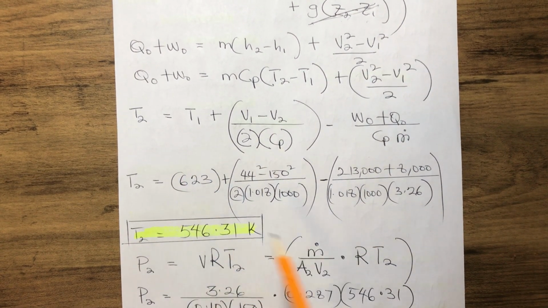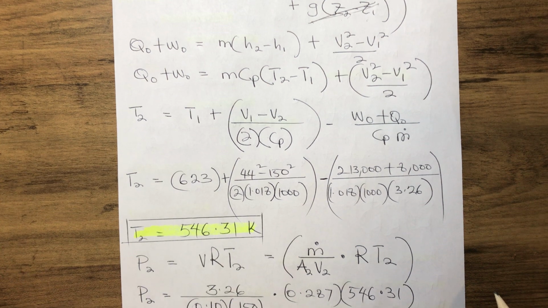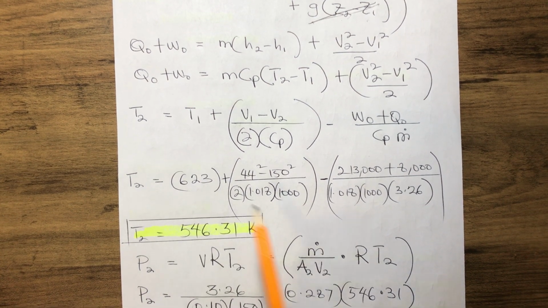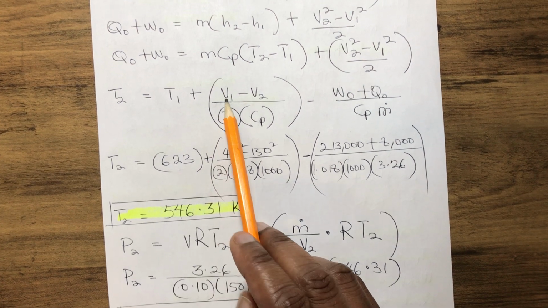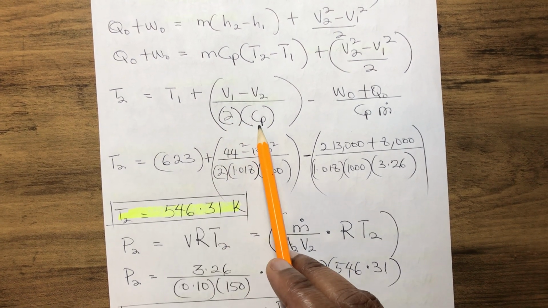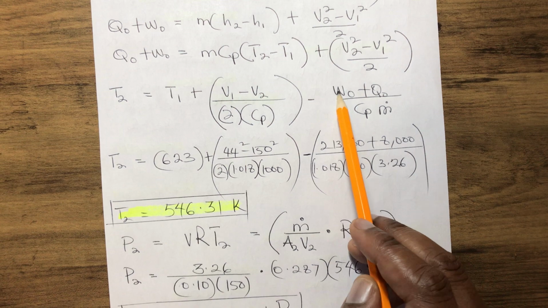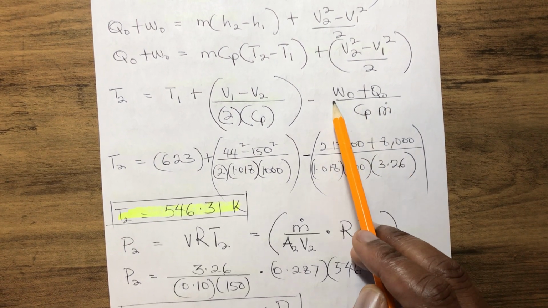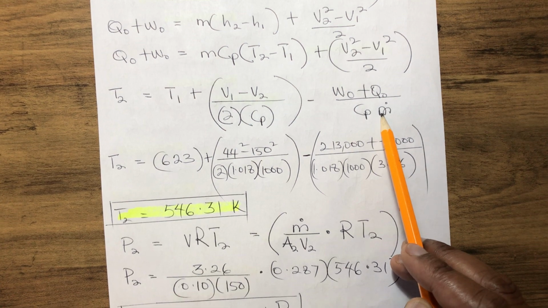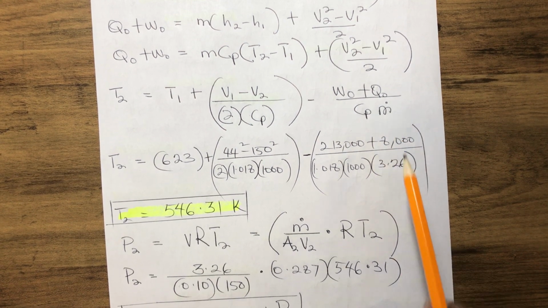From there, we can pull out our exit temperature, which is T2, which gives us T1 plus (V1 squared minus V2 squared) over 2Cp minus (W out plus Q out) over Cp multiplied by m, which is the mass flow rate.